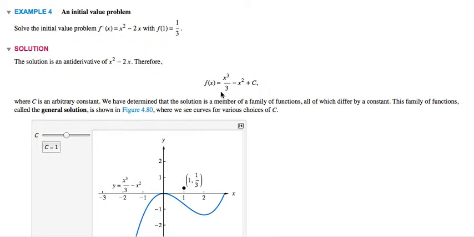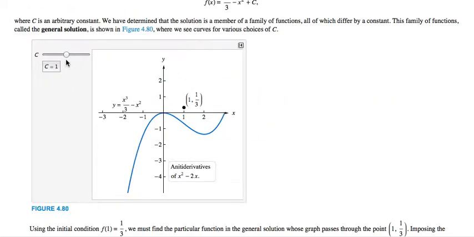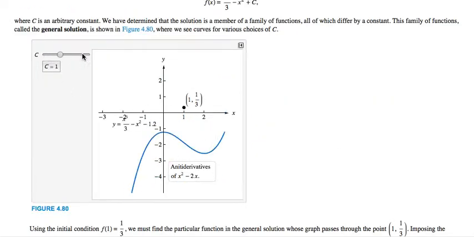So we antidifferentiate, and we get x to the third over 3 minus x squared plus c. This is by using the power rule and the difference rule. Here c is an arbitrary constant, so we have one solution that's a member of the family of functions. Now remember, that family of functions has some arbitrary constant that's being added to it.